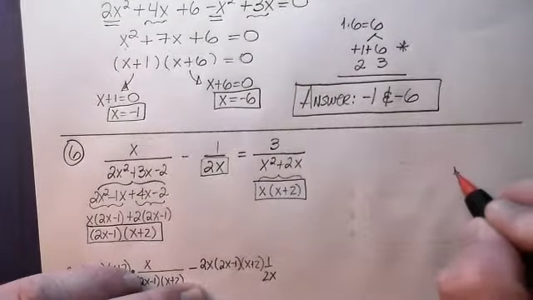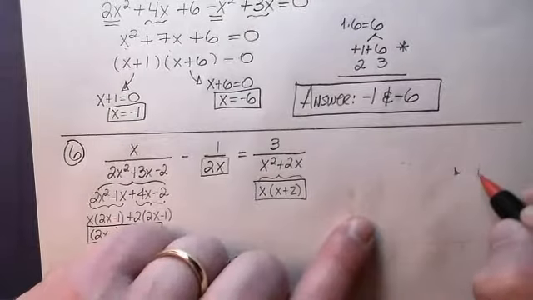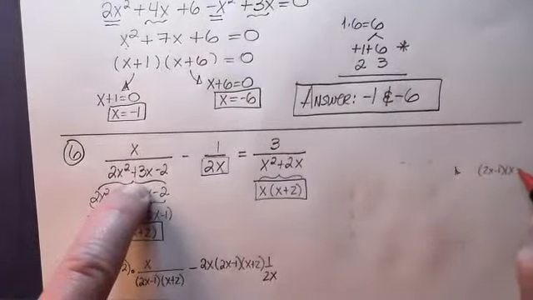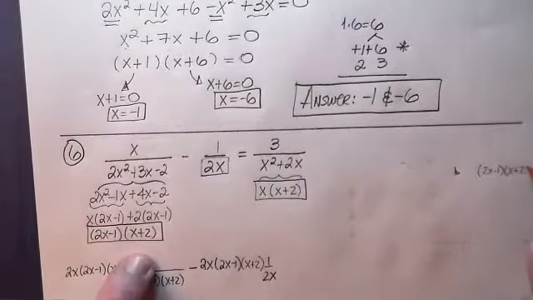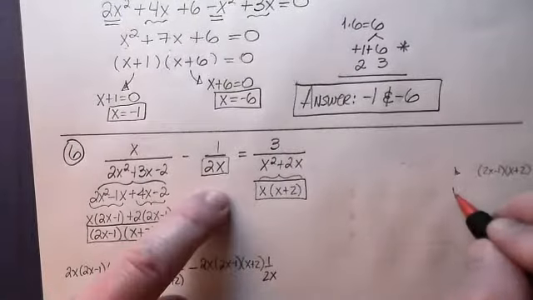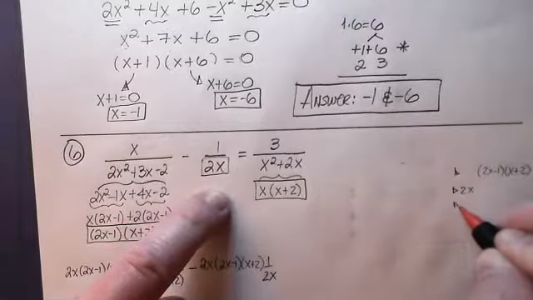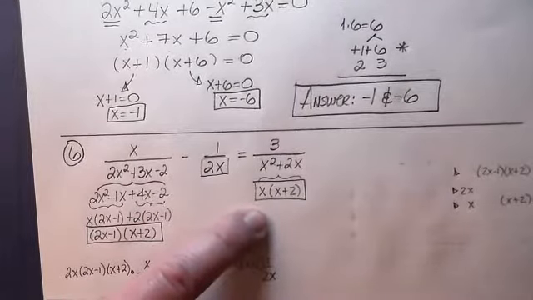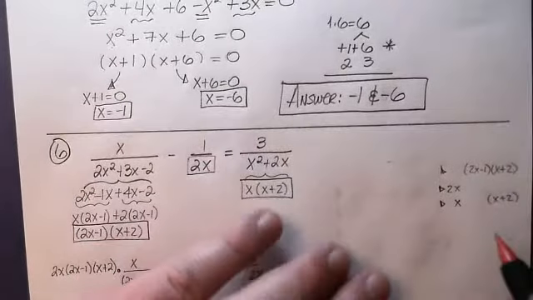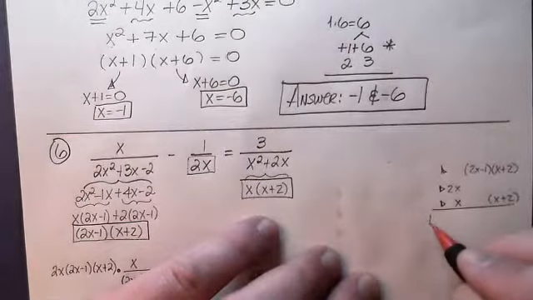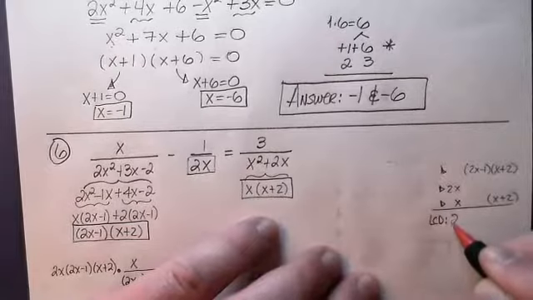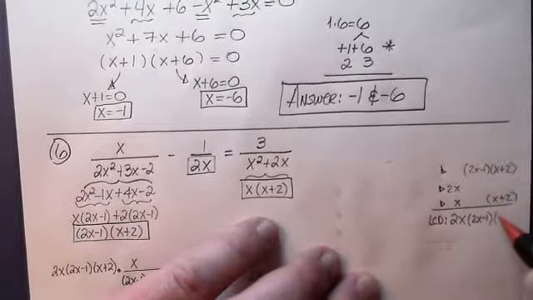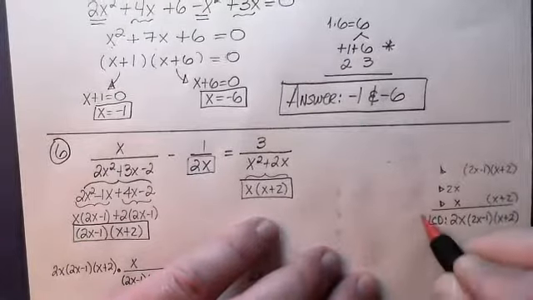So let me rewrite here what we did. We wrote the first denominator, which is 2x minus 1, x plus 2. We wrote 2x. We also wrote x plus 2. And when we compare, the LCD was 2x minus 1, x plus 2.